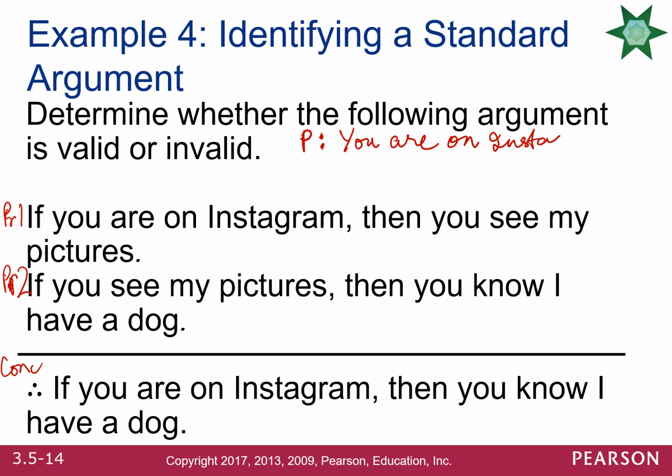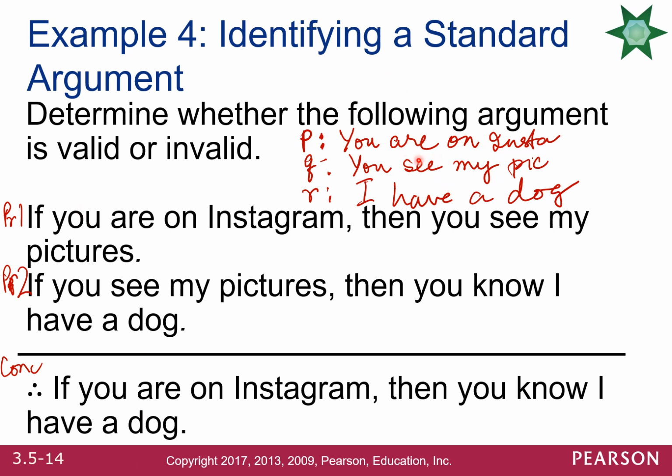Q will represent you see my pictures. And then the third one is R, you know I have a dog.